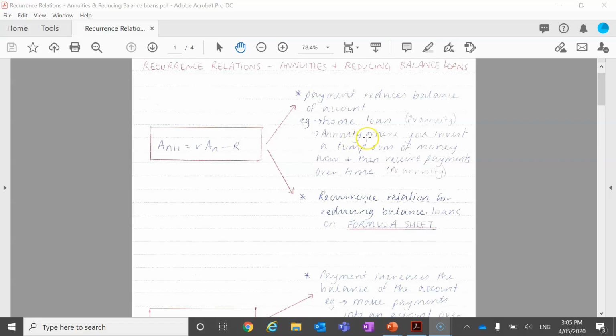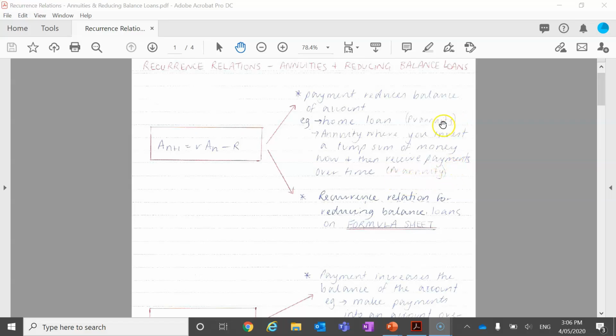Or an annuity where you invest a lump sum of money now and then you receive payments over time. So that's the example that we looked at the beginning with Flynn. He invested $785,000 now, and then he received those payments over time, which meant that every time he received one of those payments, the balance of his account was decreasing because money was coming out of his account.